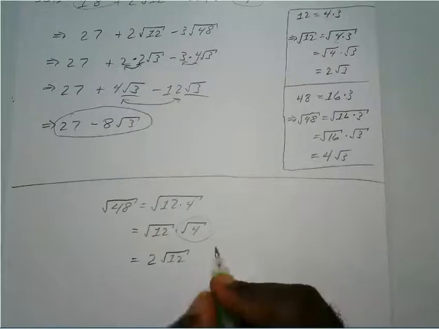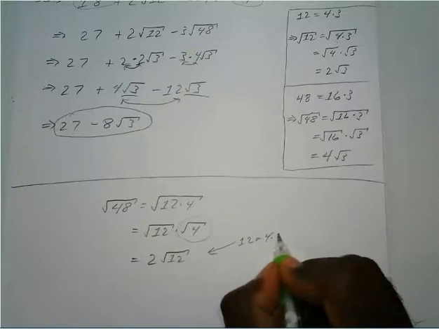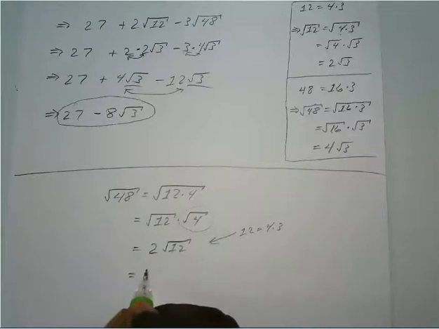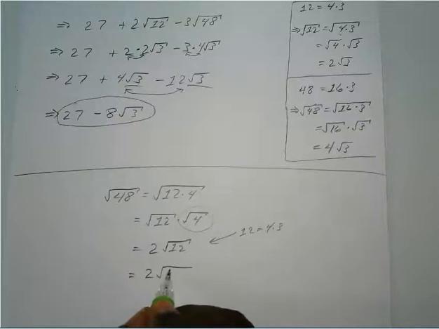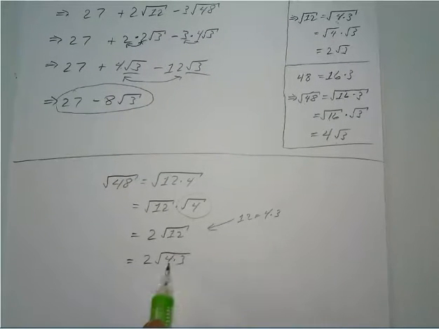Okay. Now if you remember, 12 equals 4 times 3, which means you can simplify this a little bit more. So you have 2 times the square root of 4 times 3. If we separate this one again, we have 2 times the square root of 4 times the square root of 3.